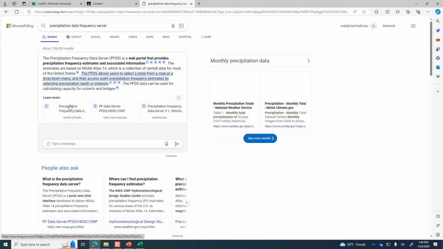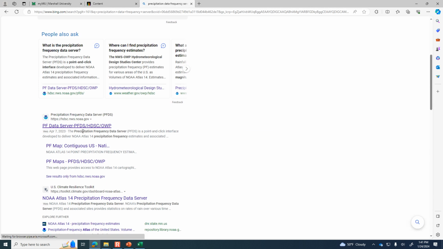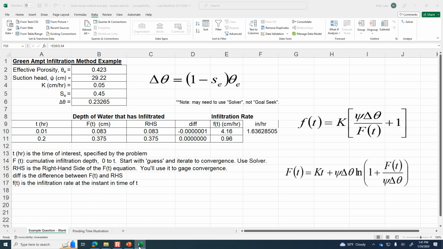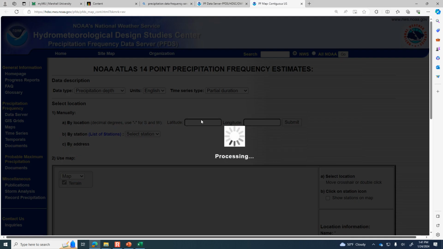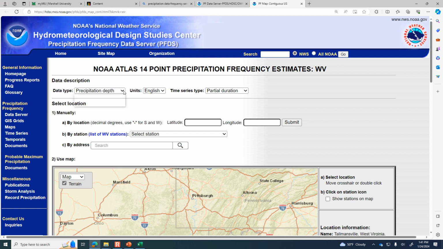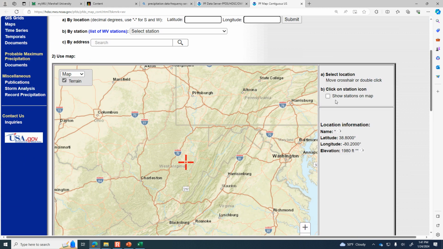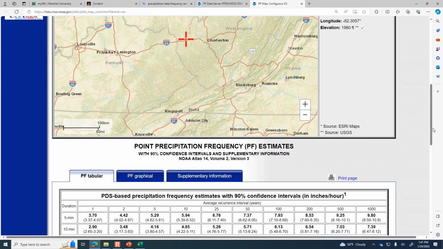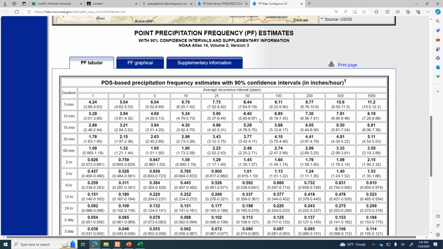let's see what kind of storm we're talking about to get that amount of precipitation. Here in West Virginia, for us to get 1.6 inches per hour as the intensity, let me switch it from precipitation depth to precipitation intensity, drag this over to the tri-state area, and then look down here. What kind of intensity is 1.6 inches per hour?